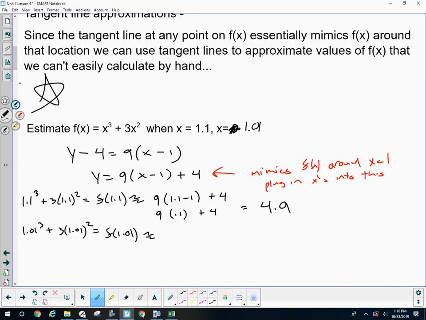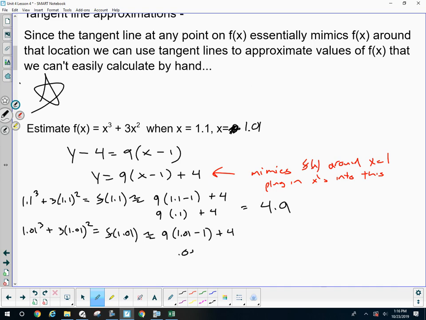It's going to be closer to 4 than x equals 1.1 was. Why do I know it's going to be closer to 4? Right, because 1.01 is closer to 1. I know I have the 0.1 times 9. So I know it's going to be closer to 4, but we can even do a better job because this approximation is going to be even better than just saying it's close to 4.